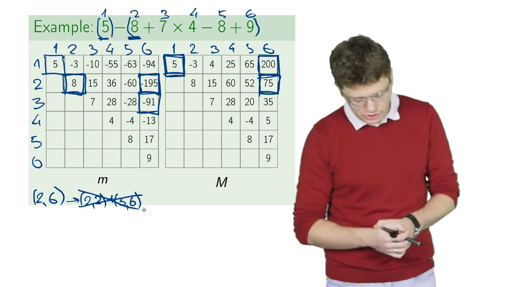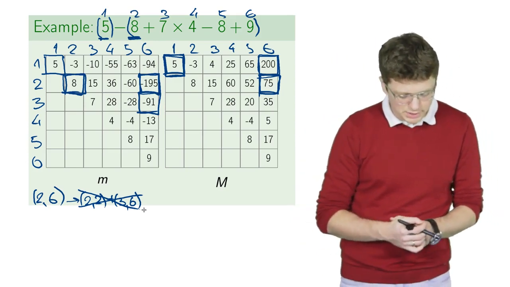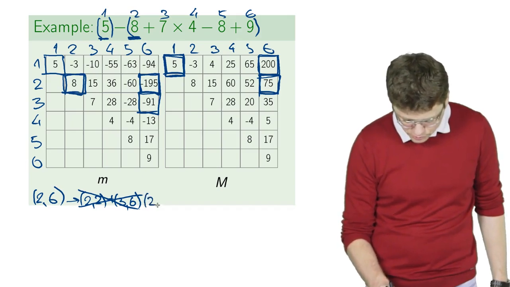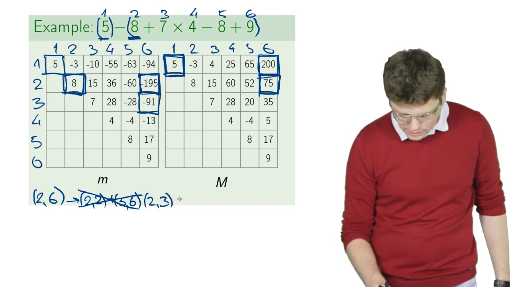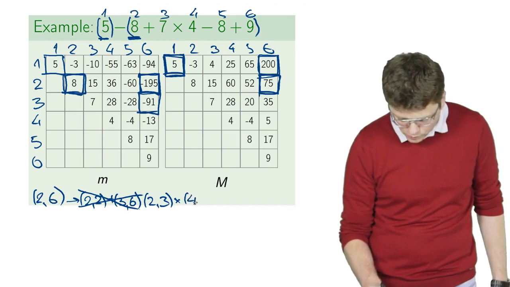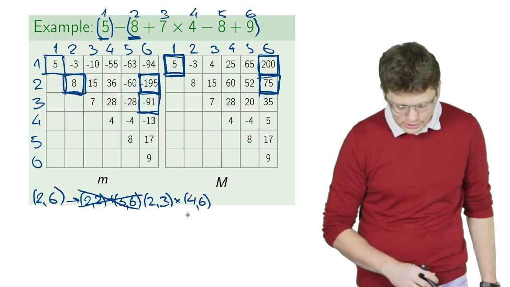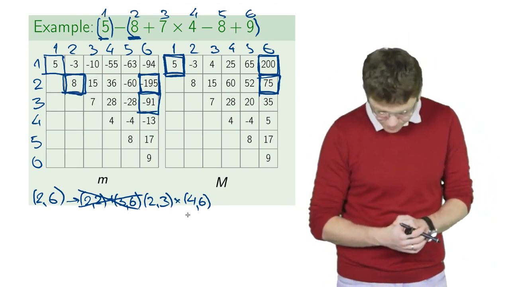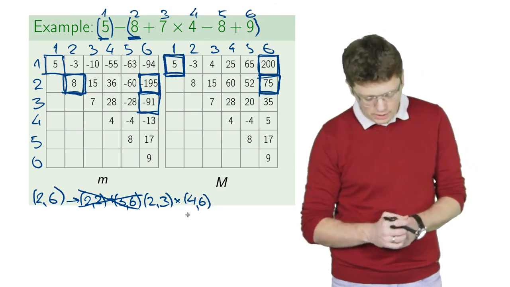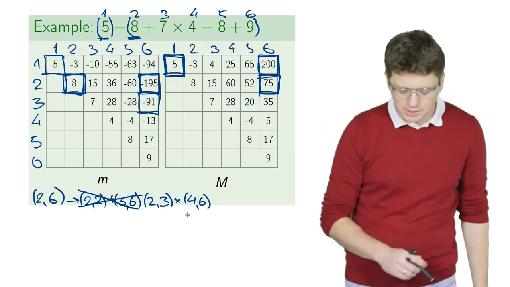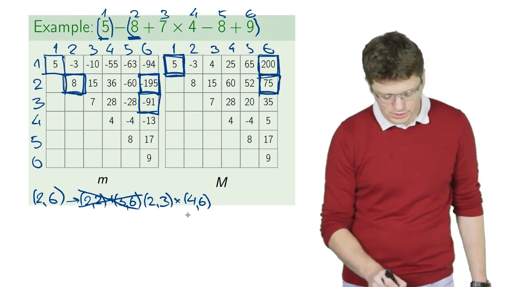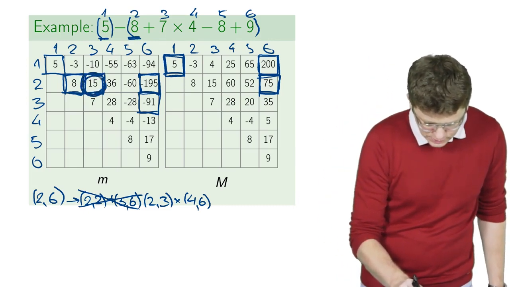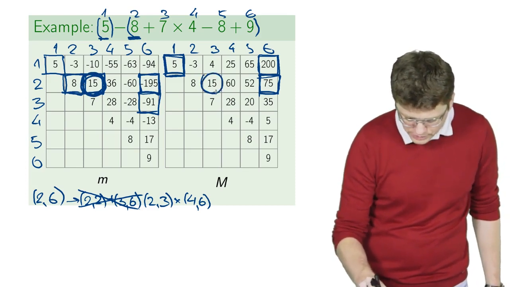Right, so let's check the next one. Another possibility to split the sub-expression 2,6 is the following. We split it into sub-expression 2,3 times sub-expression 4,6. Right? So once again, we would like to find the minimum value of sub-expression 2,6. Well, let's see all possibilities. The minimum value of sub-expression 2,3 is 15. Its maximal value is also 15.